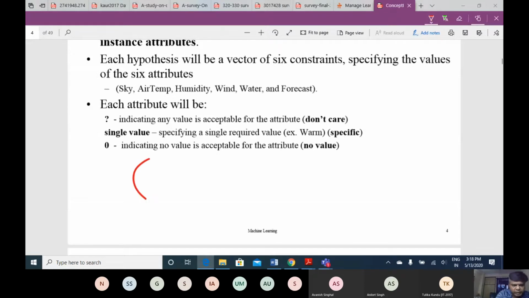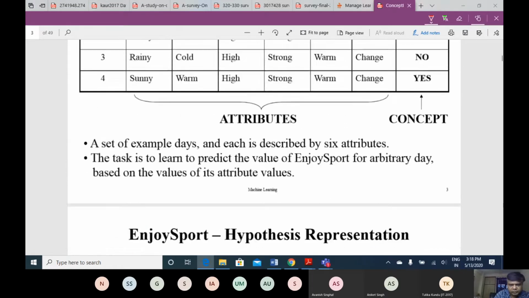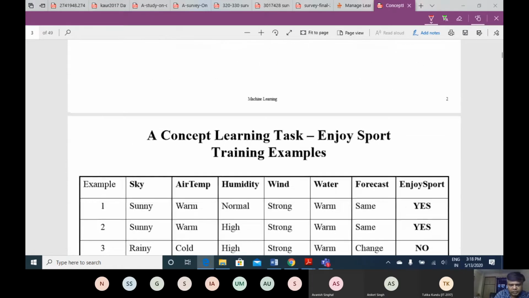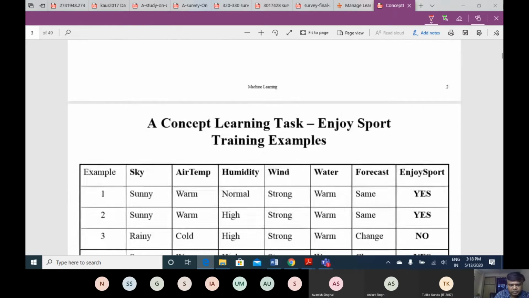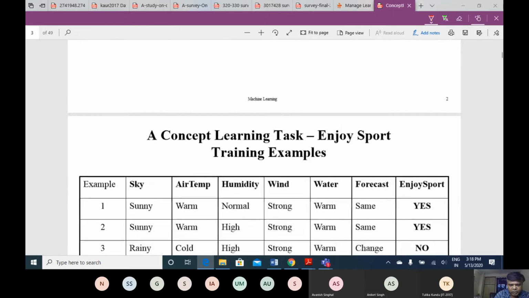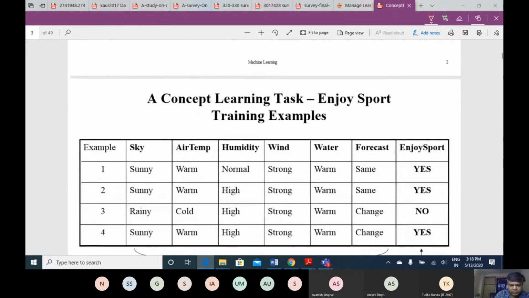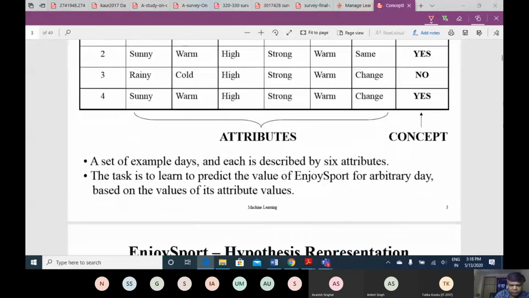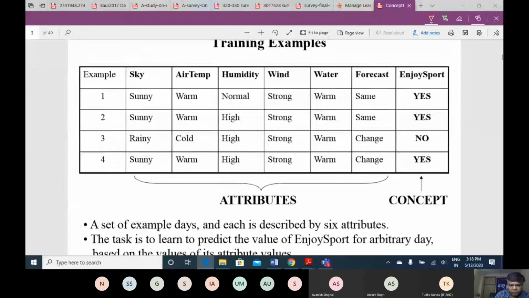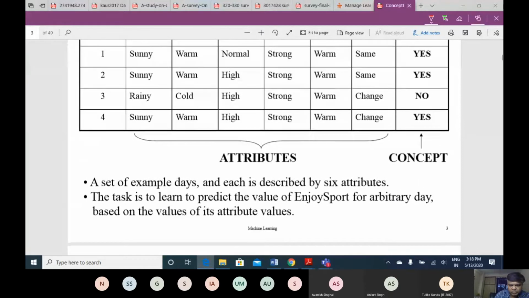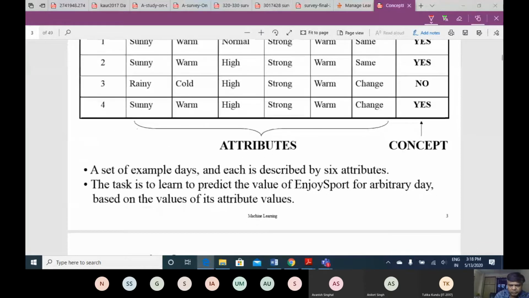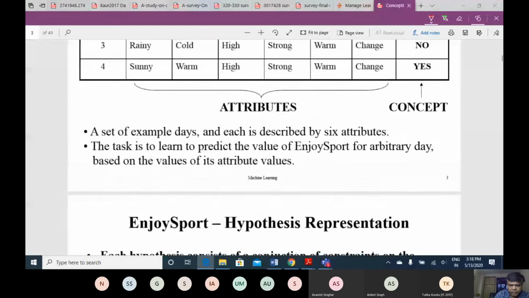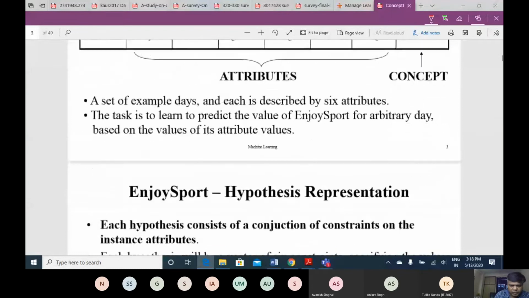So what are the sky values? Sunny, rainy. Air temperature: warm, cold. Humidity: normal, high. So these are the possible values: sky, sunny, rainy, warm, cold, normal, high, strong, weak, warm, cold, change, same. Okay.